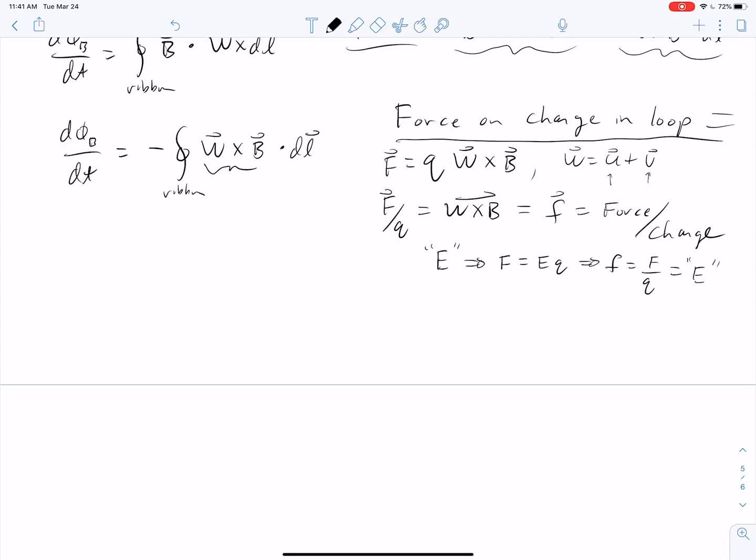So this W cross B, which is equal to F, my force per charge, is equal to an effective electric field, E. So what I can do then is say that d phi dt is equal to negative the integral over the ribbon of the effective electric field dot dl.